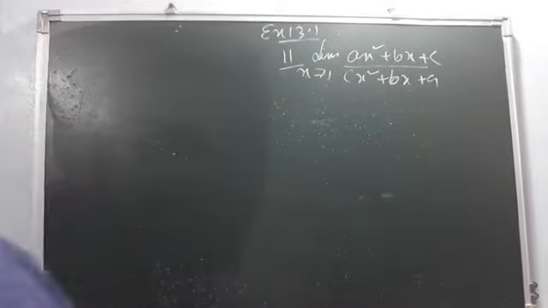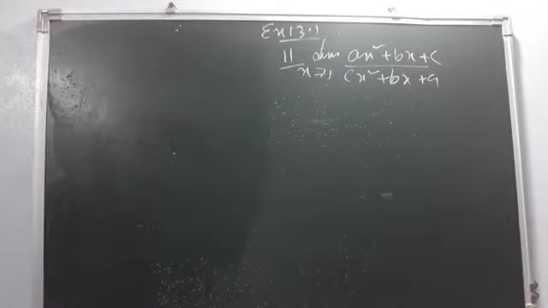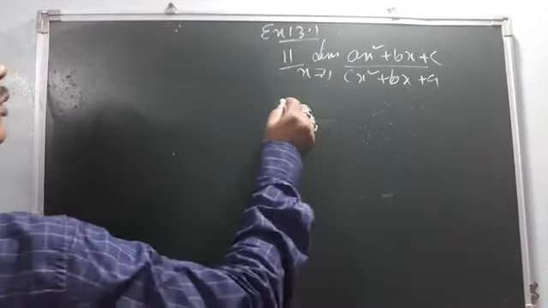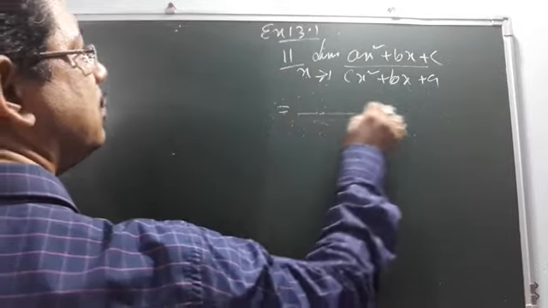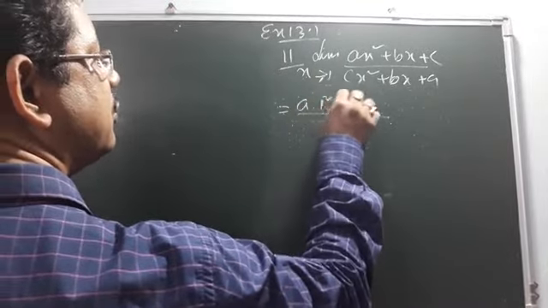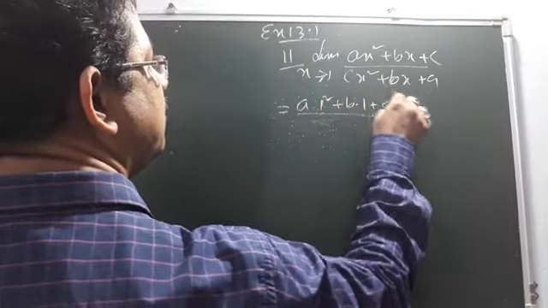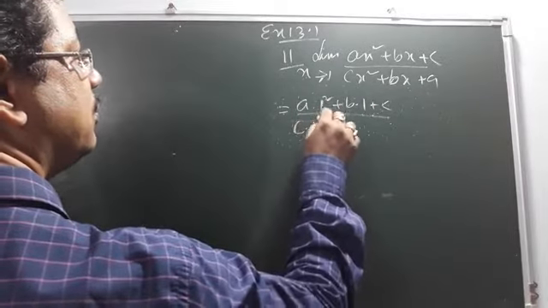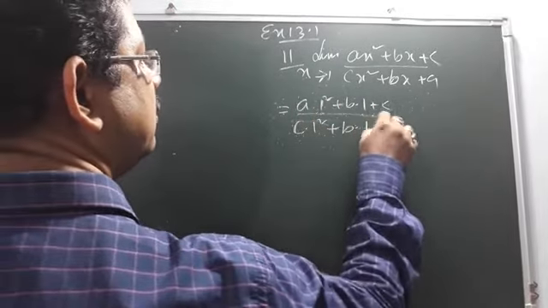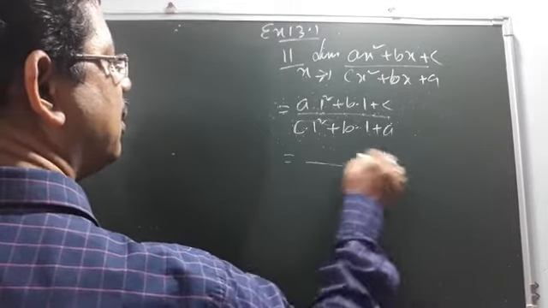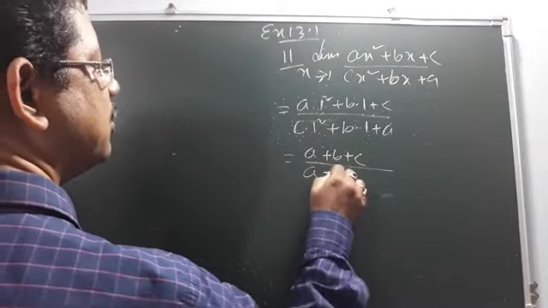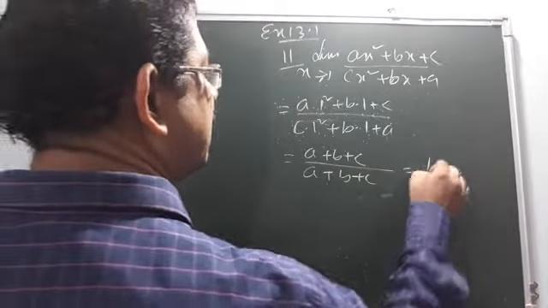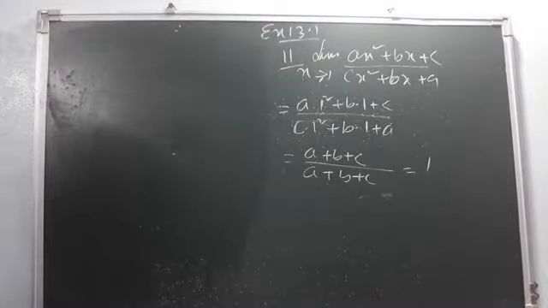Here nothing, directly you put x is equal to 1. So the rule is, if you take the limit, then you have to place in place of x the value 1. So I have replaced all the x by its value 1. Now the numerator is a plus b plus c, denominator is a plus b plus c. So we can cancel and it is 1. So this is our question number 11.